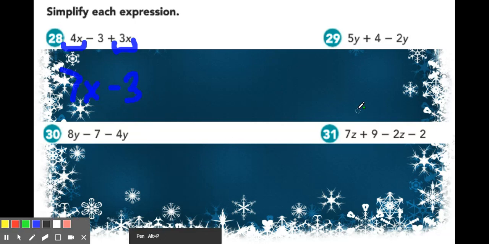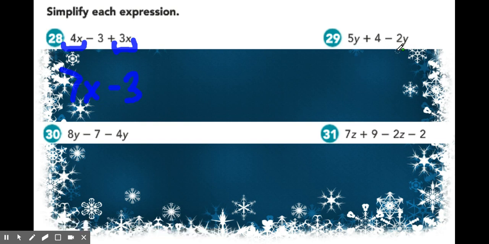For our next one, we have 5y plus 4 minus 2y. Well, 5y has a like term. Here I have negative 2y. So 5y minus 2y gives me 3y. And I have a constant left, so I have plus 4.